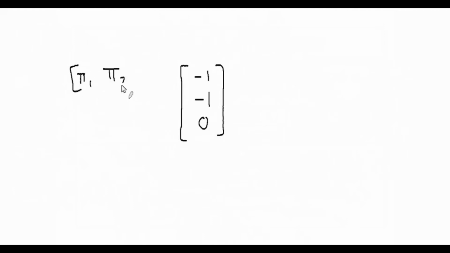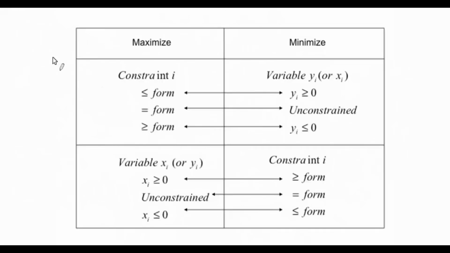Now let's do the third dual constraint, and that comes from the third column of the primal constraint matrix, negative 1, negative 1, 0. Pre-multiply by pi sub 1, pi sub 2, mu. And the right-hand side is the cost coefficient on w in the primal, and so that's a 1 on the right-hand side. To figure out whether this constraint has a greater than or equal to, less than or equal to, or equal sign, we recall that the important thing here is that w is unrestricted.